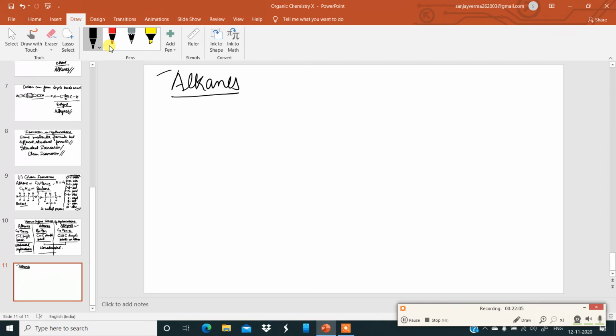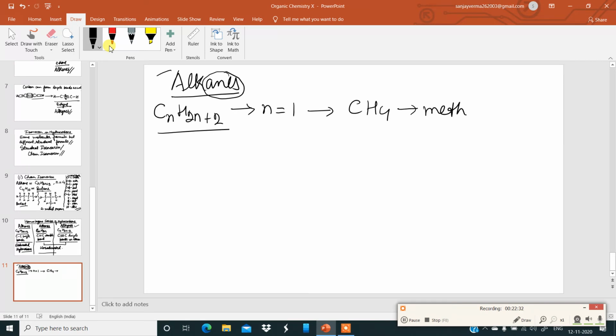The first alkane having one carbon atom, the general formula is CnH2n+2. If I put the value of n equal to 1, I will get CH4. It is an alkane, ANE, so its word root is meth, and I put ANE: methane.